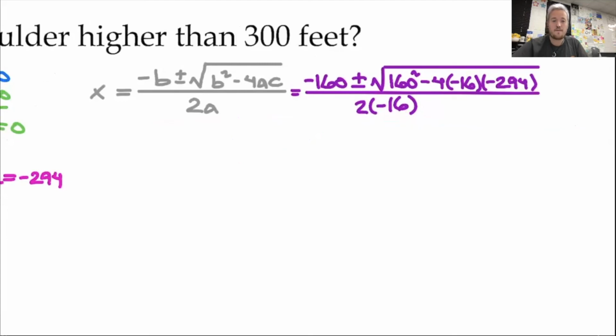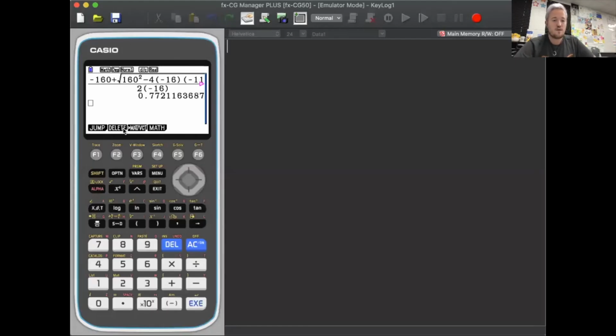Okie dokie. So let's go back over here. Actually, let's do this because I am lazy. All we're changing is our c value. So I'm just going to change this little doohickey to 294. So this is with addition.